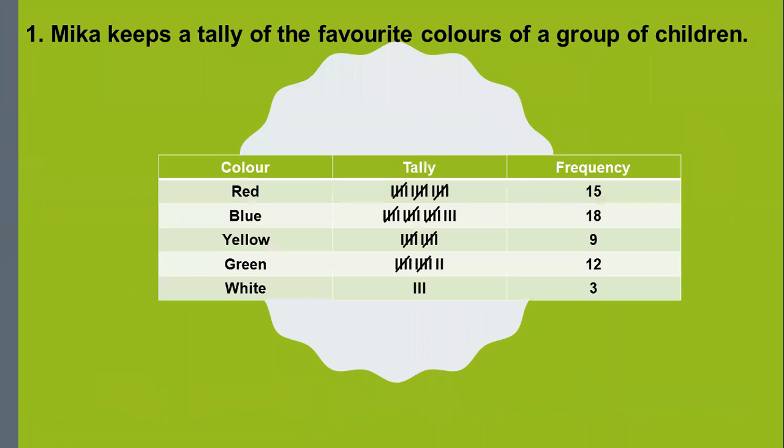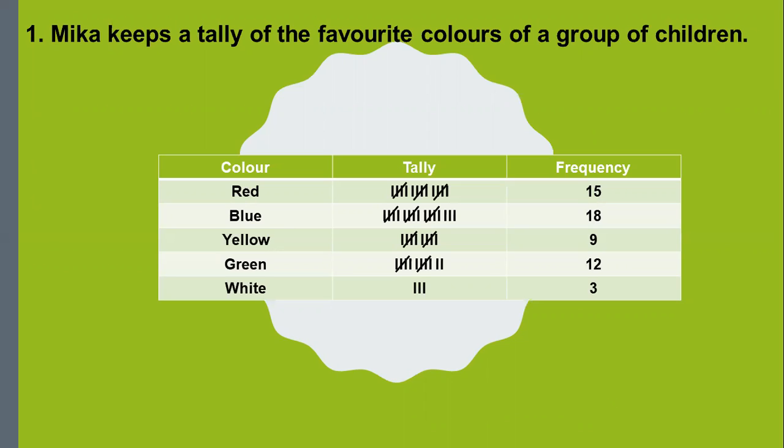Okay, so let's start, students. For example, I have an example here. Mika is the name of a person. Mika keeps a tally of the favorite colors of a group of children. So this is the data of the favorite colors of the children. There are 5 colors: red, blue, yellow, green, and white.